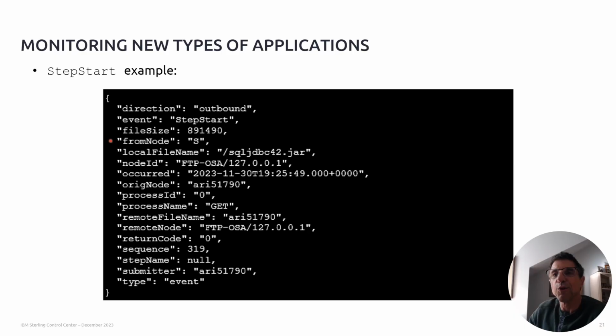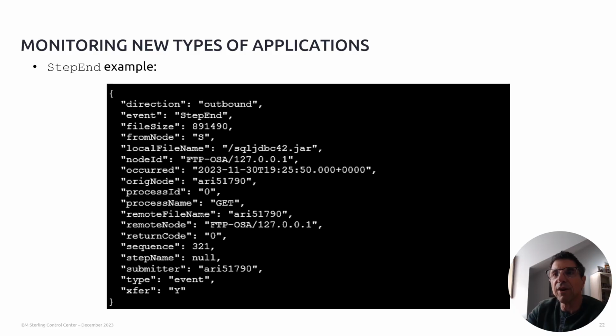It's telling which server was responsible for the process, the secondary node, the remote node in this case, most likely. Process name is get. And here's the step end. And because this was for a transfer, it's got the expr element with a value of y.